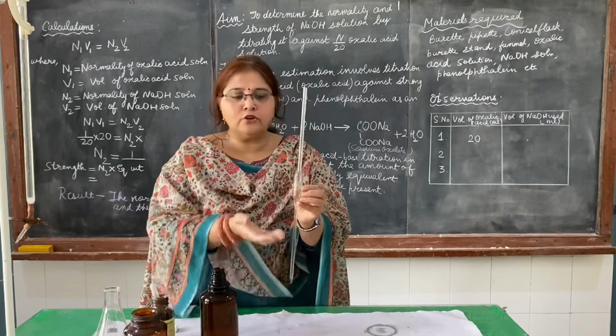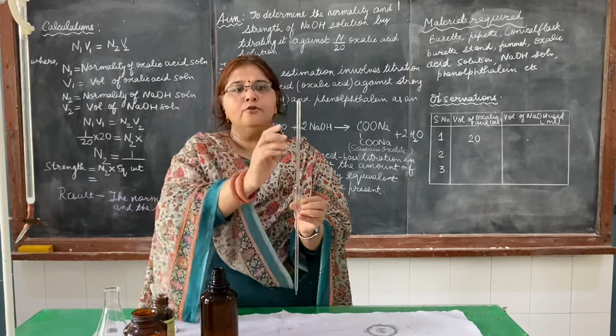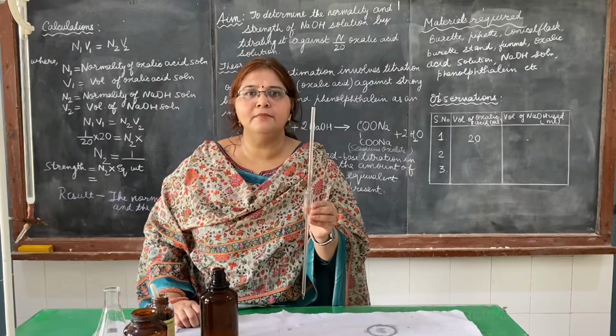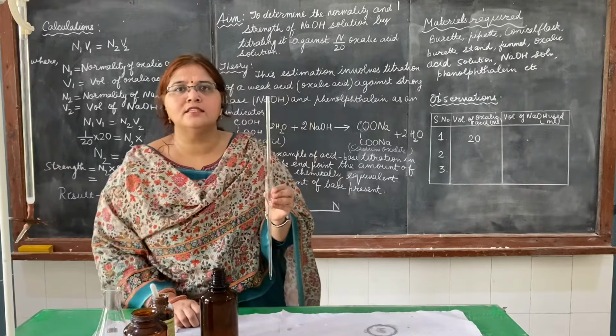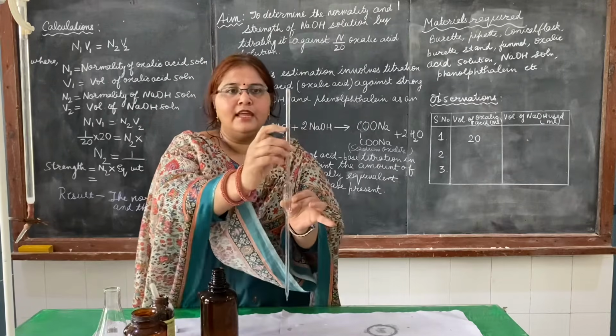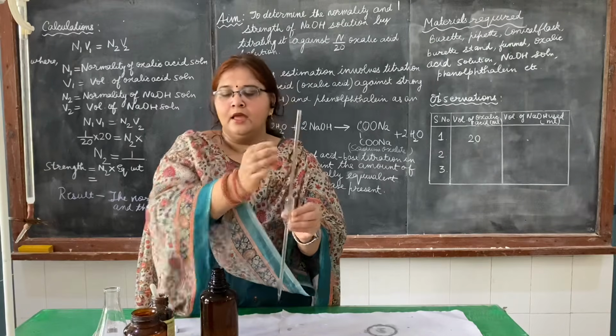How much oxalic acid? Not filled up to the top. The pipette has a mark, called the meniscus, which indicates that we have to pipette out the solution up to the mark. This means that it is 20 ml.